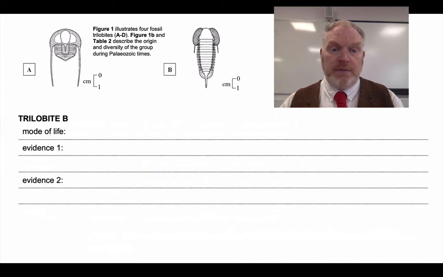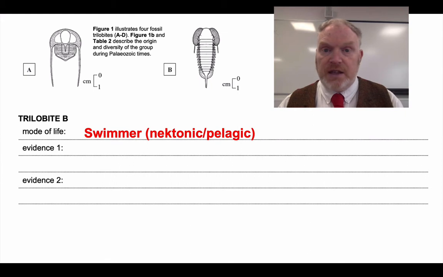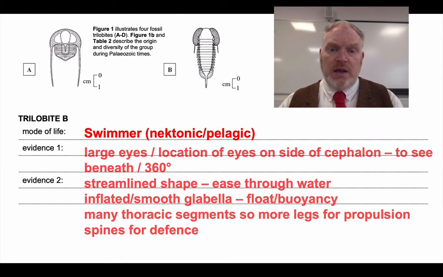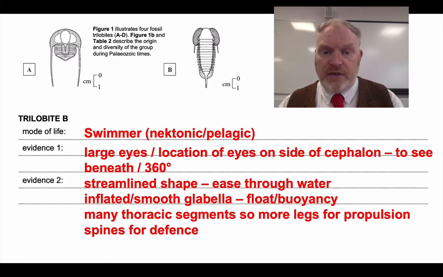For trilobite B, its mode of life is fairly clearly a swimmer. Again, lots of evidence for this. Those enormous eyes on each side of the cephalon can see pretty much all the way around it. Its peripheral vision must have been enormous. It has quite a streamlined shape.